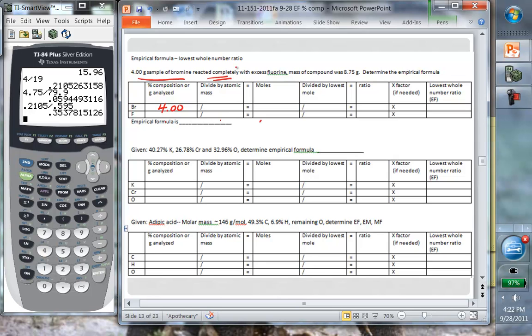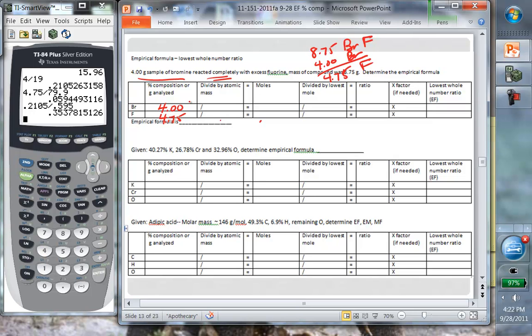So we're going to put all that bromine in the compound with excess fluorine to make a compound that weighs 8.75 grams. So 8.75 grams includes both bromine and fluorine. 4 of those grams are bromine, so the other 4.75 are fluorine.